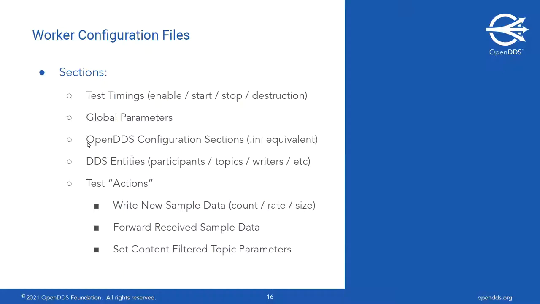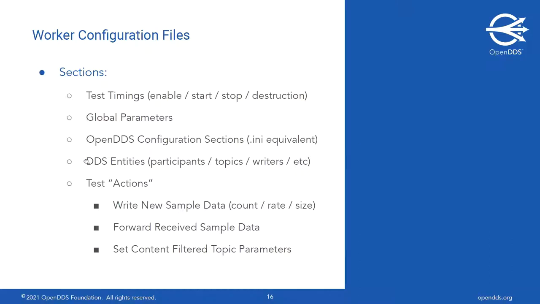Then there's a section which outlines all of the things that you might put into your OpenDDS configuration file today in your .ini file. And this is one of the aspects that allows us to access any of the functionality in OpenDDS without needing to have a heavy wrapper: we include a version of the INI inside the JSON config files.